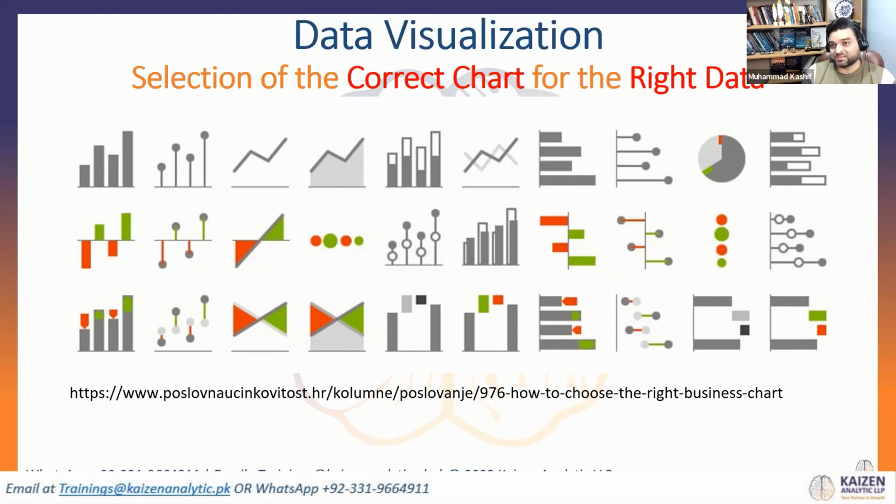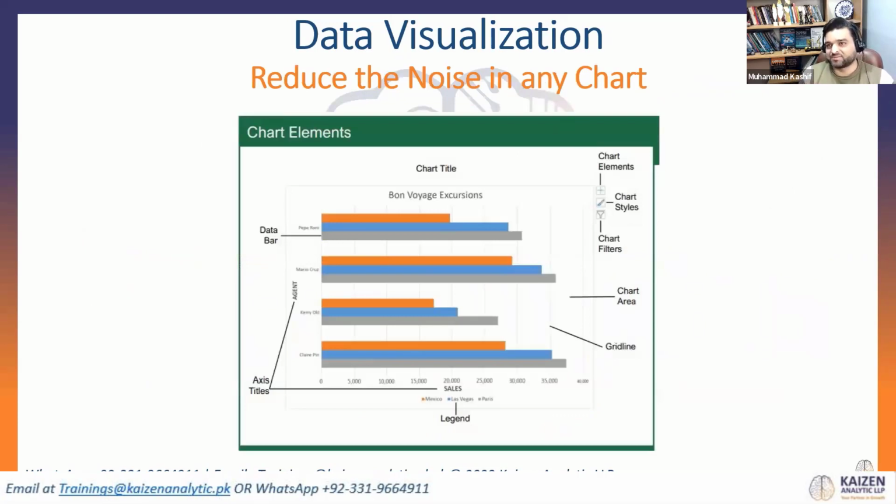So if you know these things, even then it is important, because after those charts you need to reduce the noise, right? So there are elements in charts. Which element is to be used and which element is not to be used, right? Then once the chart is one part of a puzzle, now you need to place it in a dashboard, in a report.